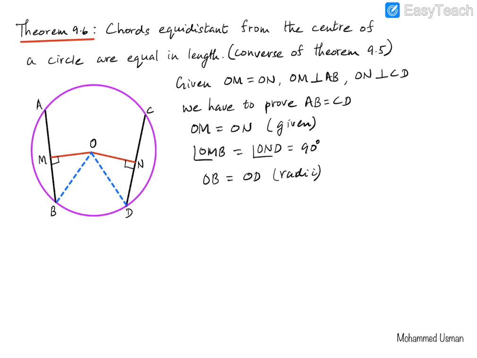So now we have three parts of the two triangles matching each other. We have one pair of sides matching, and one pair of angles matching, and those angles are equal to 90 degrees, so it's a right angle. And the radius happens to be the hypotenuse of this right angle triangle.